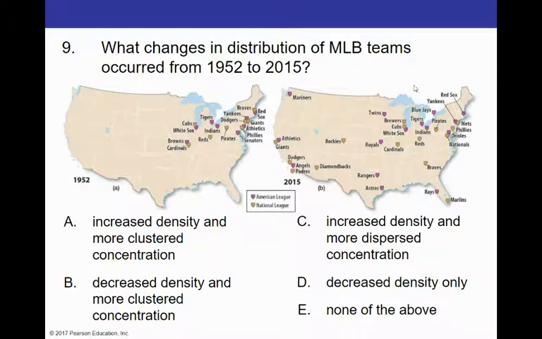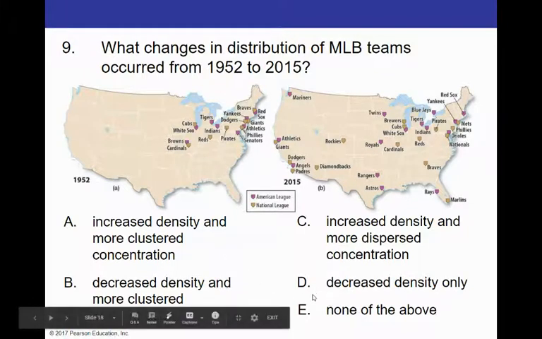Number 9, what changes in distribution of MLB teams occurred from 1952 to 2015? So looking at our map right here, this is our first map. They're kind of all centered right here. And then in this map, they're kind of spread out. So looking at our answer choices, obviously the first thing we should have crossed off is E. It clearly changed somehow, so E is out.